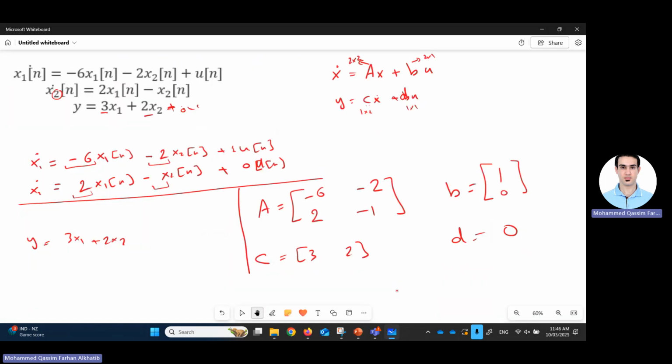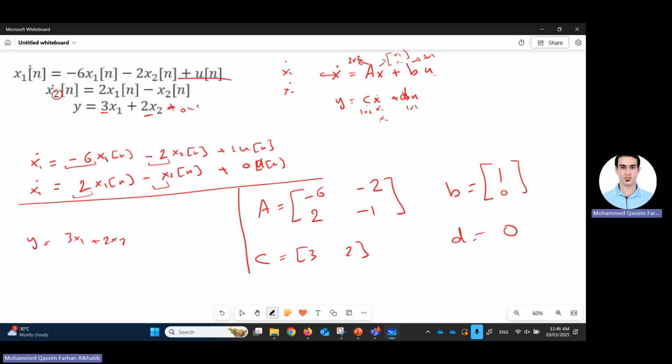Now, if you want to confirm your solution, x prime is basically a vector, x1 prime, x2 prime. And x is another vector, x1, x2. And here you just have u of n. It's not a matrix, it's not a vector. Similar thing here. We have y, just y, there's no y1 or y2. Now distribute negative 6 by x1 plus negative 2 by x2 plus 1 by u.